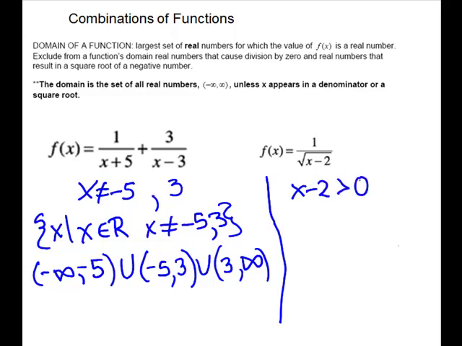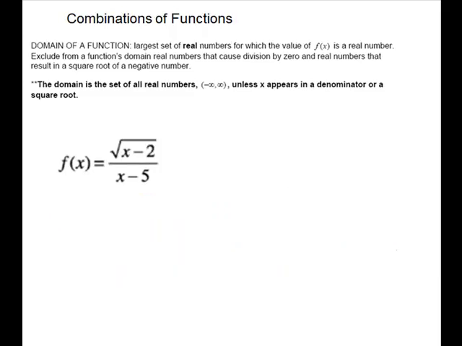We're taking care of the two things there. The denominator can't be 0, so that's why we don't do an equals underneath here. So add your 2 to both sides. x has to be greater than 2. And so you are going from 2 to infinity.